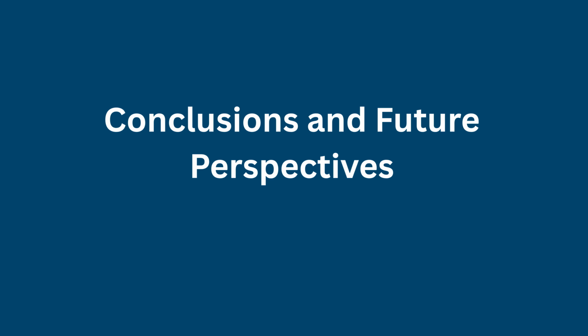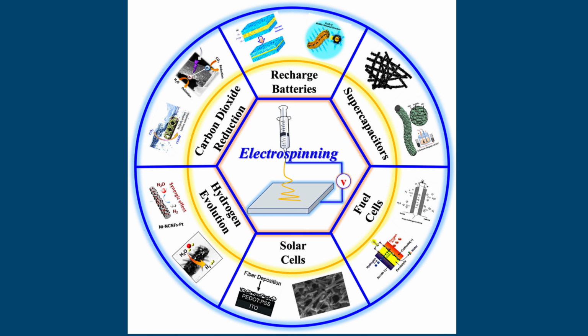Conclusions and future perspectives. Electrospinning has evolved into a mature and highly adaptable platform for the fabrication of nanostructured fibrous materials. Its ability to process a wide range of polymers and composites into controlled architectures makes it uniquely suited for next-generation applications in healthcare, energy, and environmental technologies.